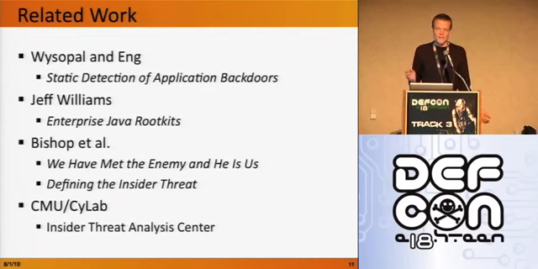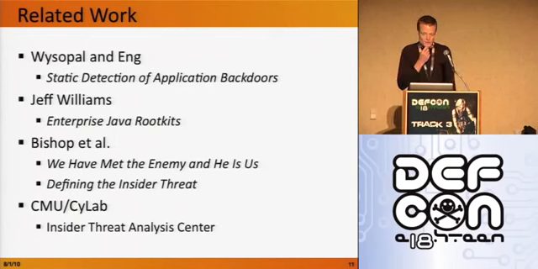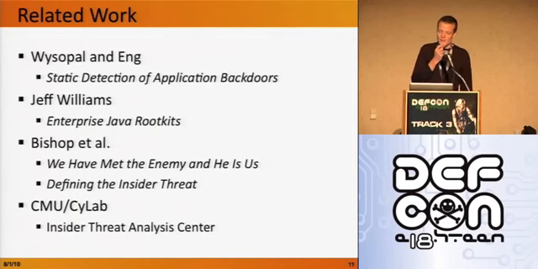We have to acknowledge some related work here. This is a relatively new field, but there are plenty of people that have made important contributions. Wysopal and Eng published a great paper about using static analysis on binaries to detect backdoors and other insider threats. Jeff Williams has done work in this area. Matt Bishop, who I mentioned earlier, and various co-authors of his, are approaching it very much from the view that we need an academic underpinning for all this.